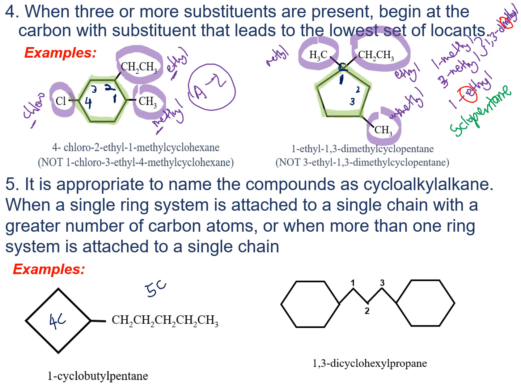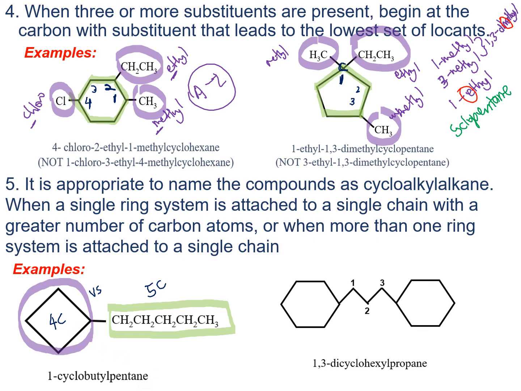So 5 carbon atoms versus 4 carbon atoms, obviously 5 wins. So the straight chain with 5 carbons becomes the parent. So automatically this cycloalkane becomes the substituent.